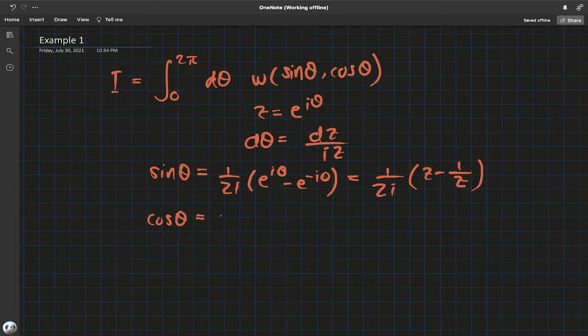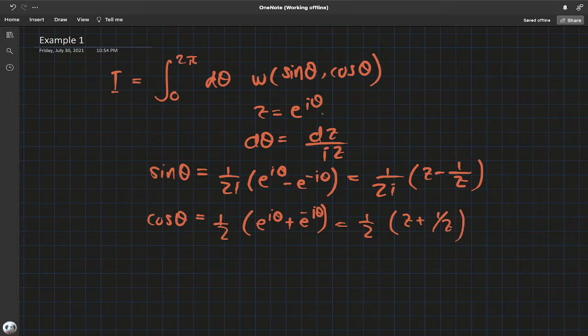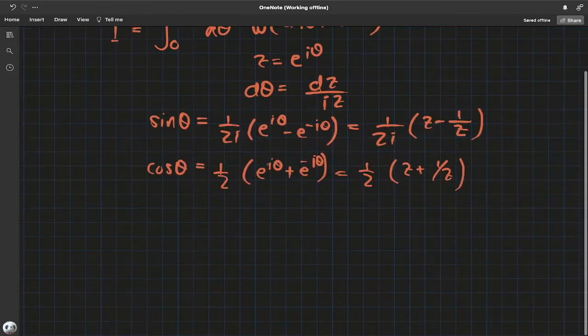Then cosine theta is 1/2 times e to the i theta plus e to the negative i theta, which becomes z plus 1 over z over 2. So it's simple: just substitute e to the i theta with z, and you get these things.